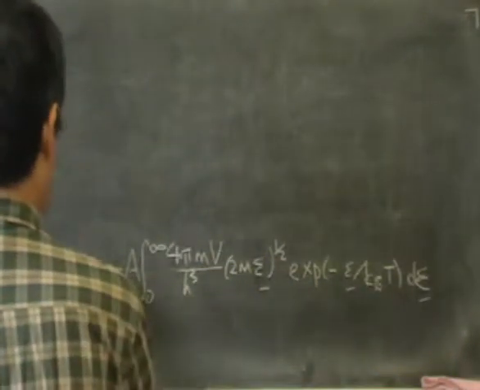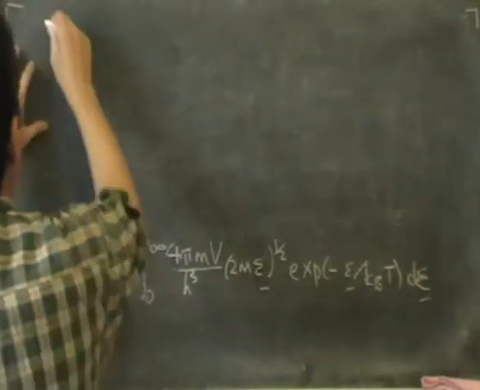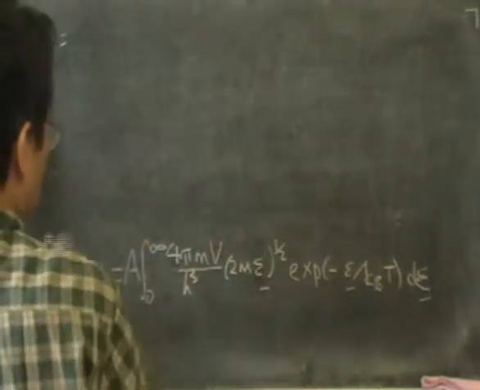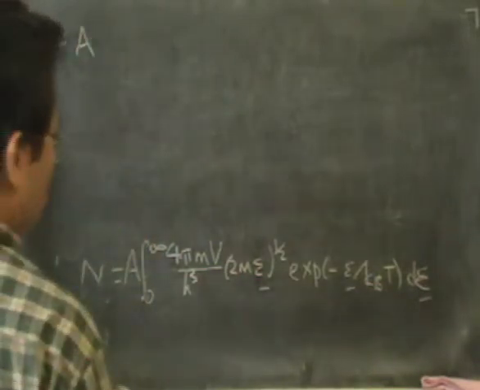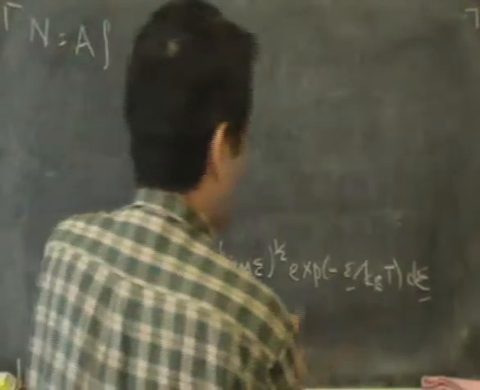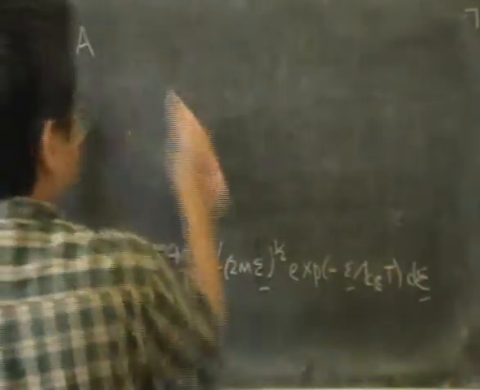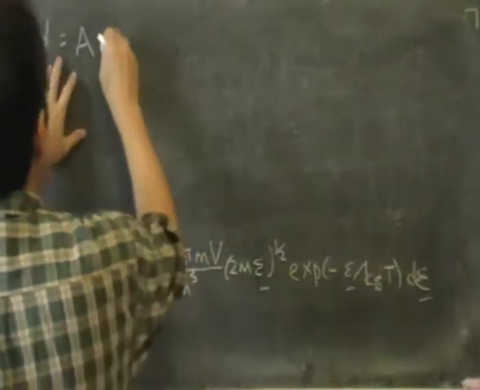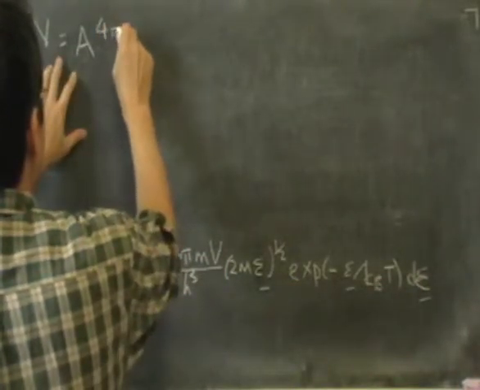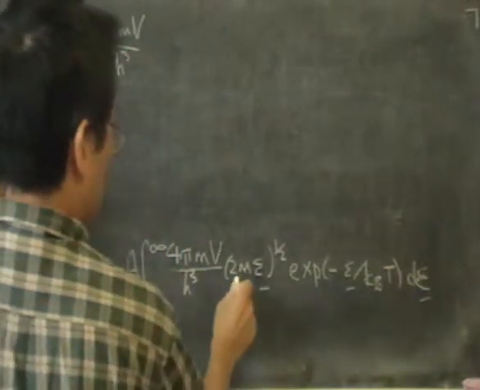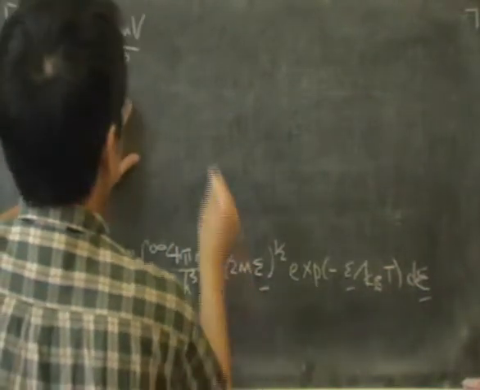So this is n. I would have n equals A. Let me take out all the constants: 4 pi mV over h cubed, square root of 2m.